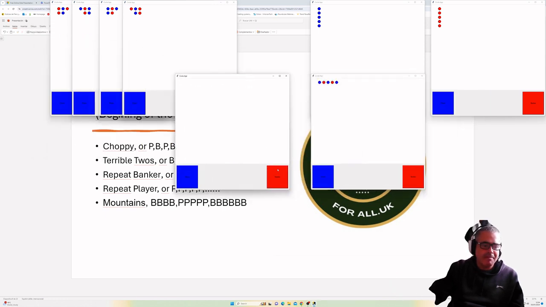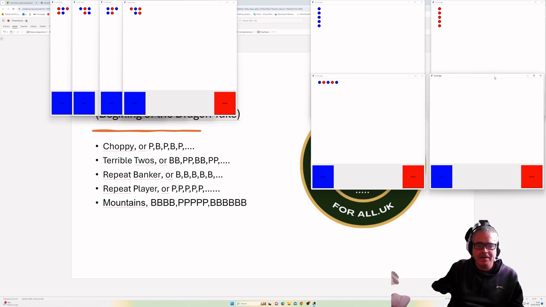I will write it here: bank, player, bank, player, bank. So basically, you have here three dragon tails and how they start in different ways, but these ones are the same as dragon tail, and there is one more that people forget.